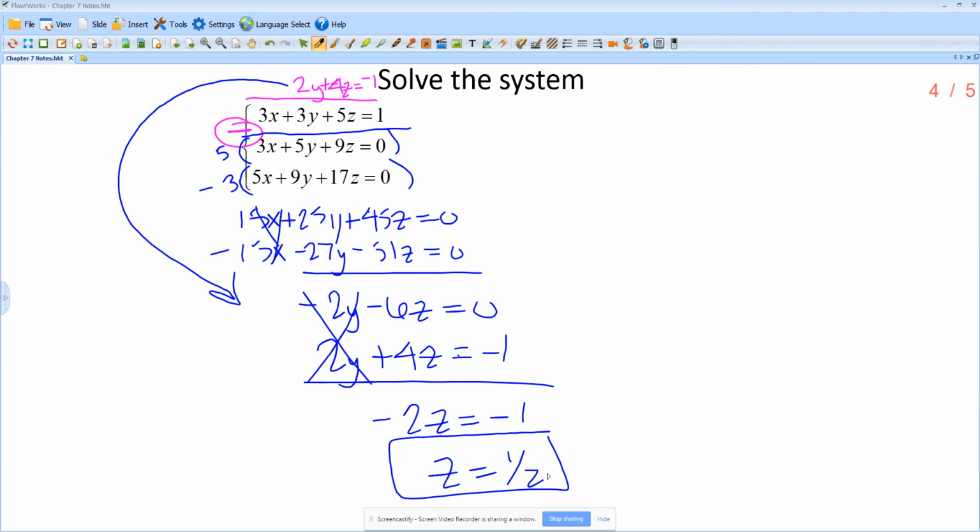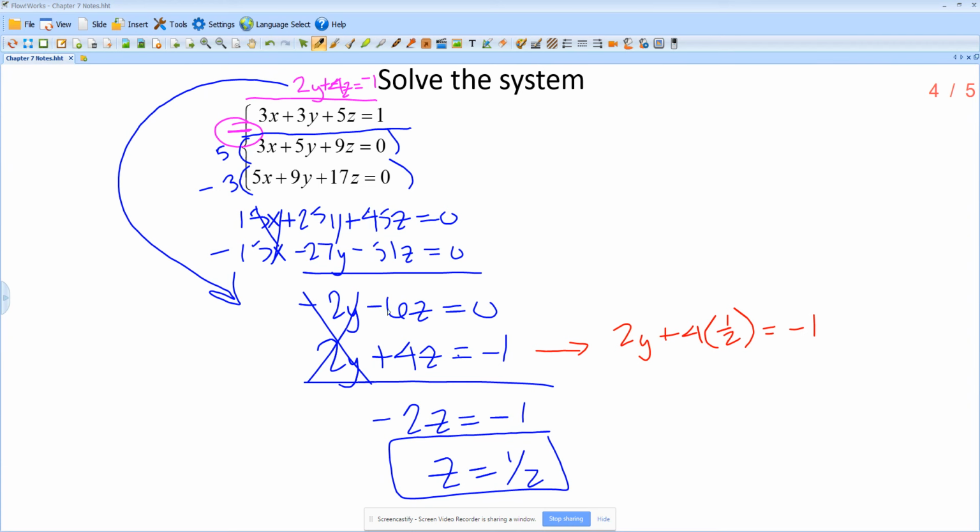So z is 1/2, which means either of these are good things to substitute into, because both of them are even numbers, and I can take half of an even number. I'm going to pick this second one and say 2y plus 4 times 1/2 equals negative 1. Now you might be thinking, why did I pick that second one?